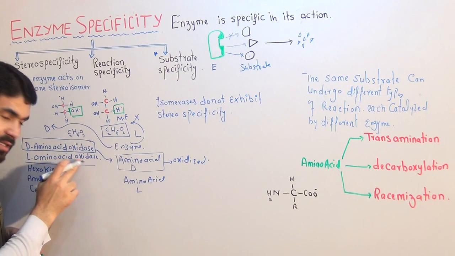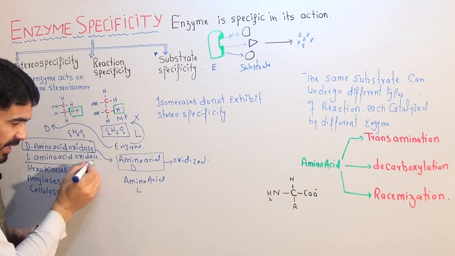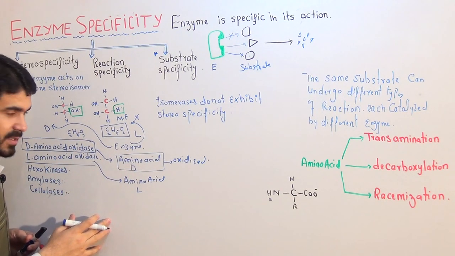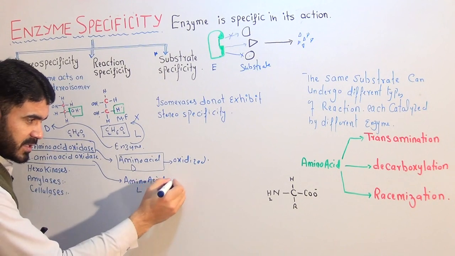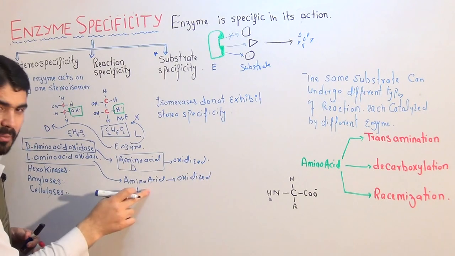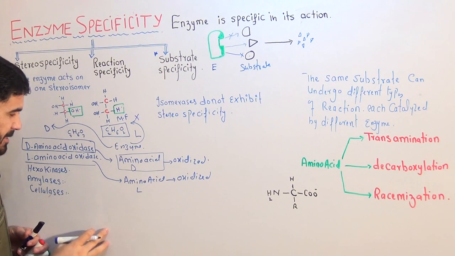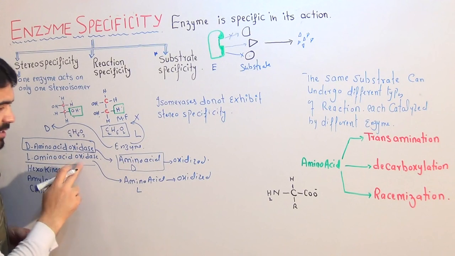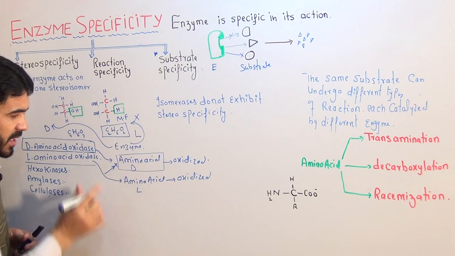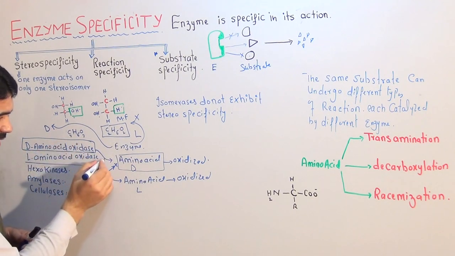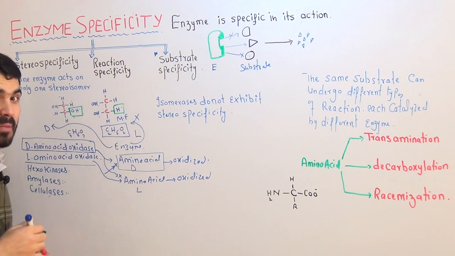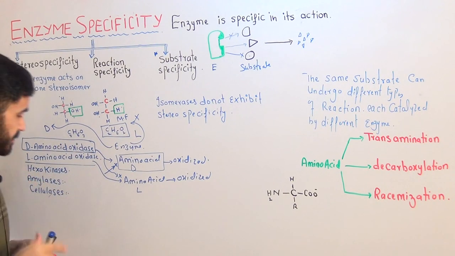Of course, this enzyme is again going to act on an amino acid and oxidize that amino acid. But the problem is that L-amino acid oxidase cannot act on the D-amino acid, and the D-amino acid oxidase cannot act on the L-amino acid. We say these two enzymes are stereospecific.